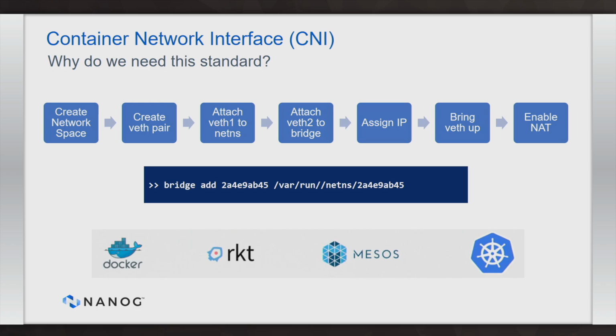First, you need to create a network namespace for that container, right? Then you need to create the virtual wire. Attach that virtual wire to the namespace and to the bridge. Assign the IP address to those elements, to the pod interface. Maybe bring that interface up, and if you need, enable that. Okay? And you have all those steps, and those steps are the same in any container orchestration platform.